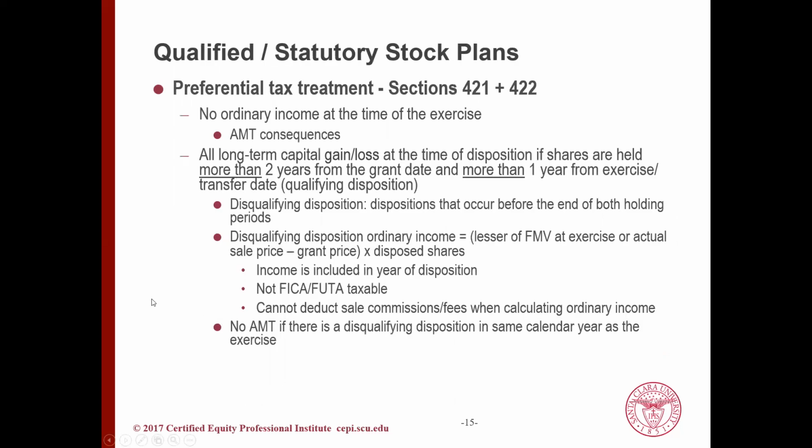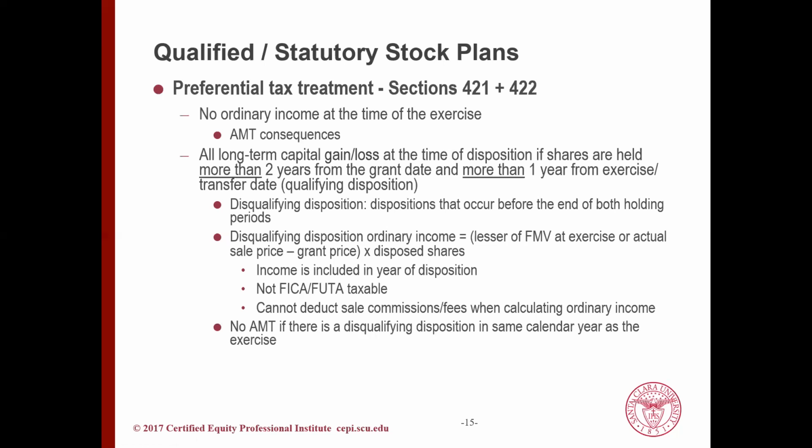So to review the preferential tax treatment afforded under Code Sections 421 and 422 for qualified or statutory stock plans, which is what incentive stock options are, as opposed to non-qualified or non-statutory plans.